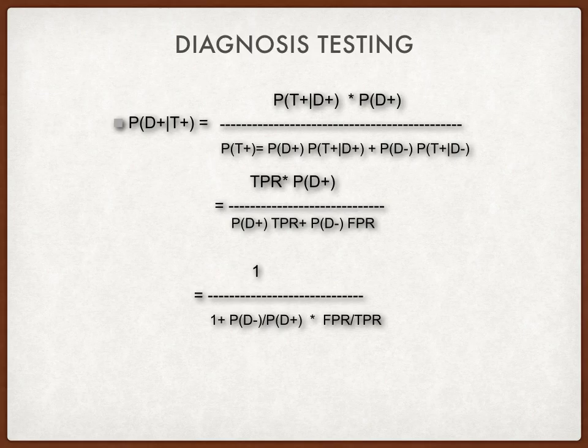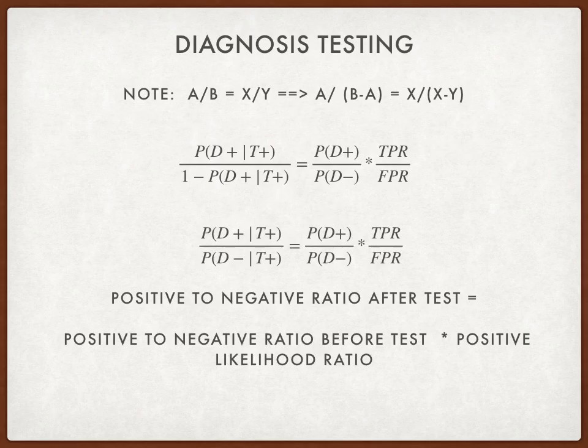Okay, now let's rewrite this. We know that if we have a fraction like this, a over b equal x over y, that can be rewritten as a over b minus a equal x over x minus y.